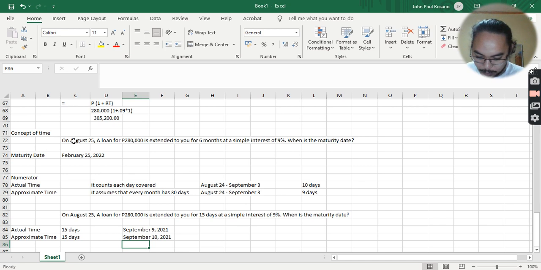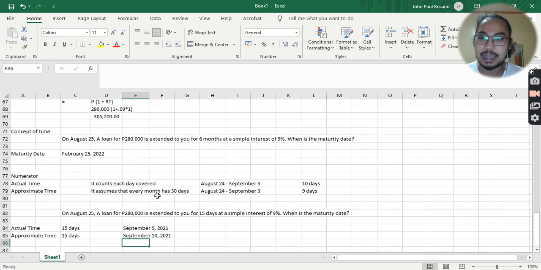Sir, what if more than 15 days ang amo ang ihapon? Okay, so what if ang gihatag sa amo kay loan date and maturity date, and then we are asked to count the number of days.